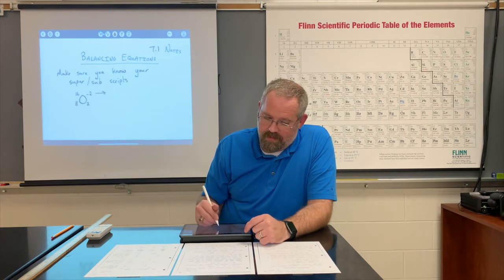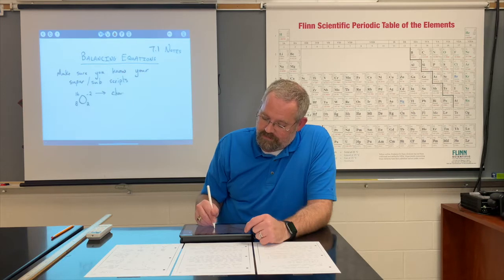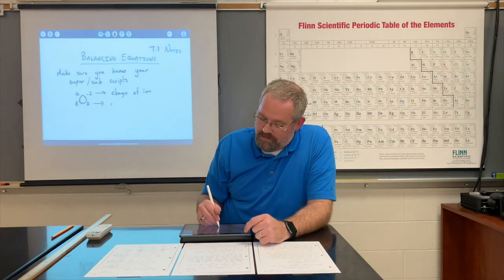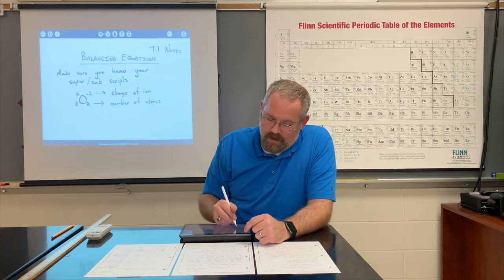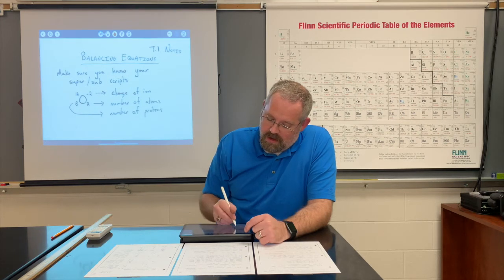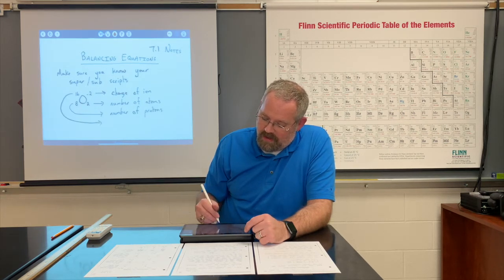My top right is going to be the charge of my ion. My bottom right is going to be the number of atoms. My bottom left is going to be my atomic number, my number of protons. And my top left is going to be my mass number.